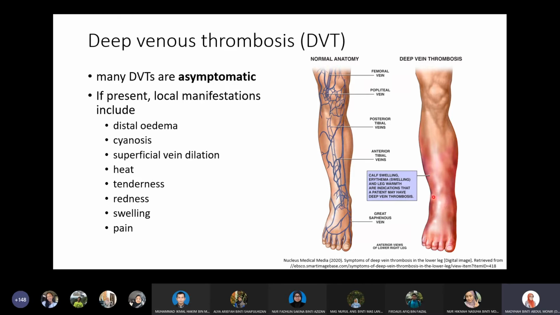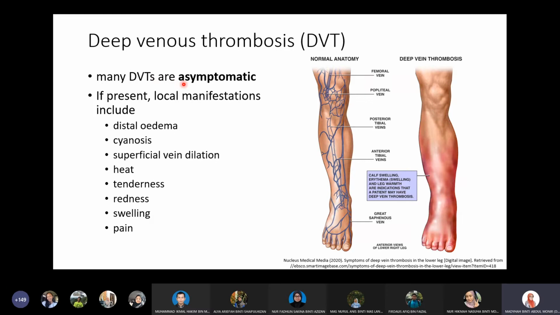When you do the physical examination, it is warm, it is tender, which is painful on palpation. The patient can complain of pain, and sometimes you can see superficial vein dilation. These are the local manifestations I mentioned.